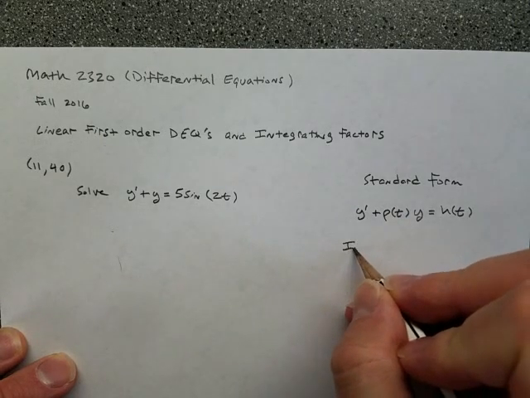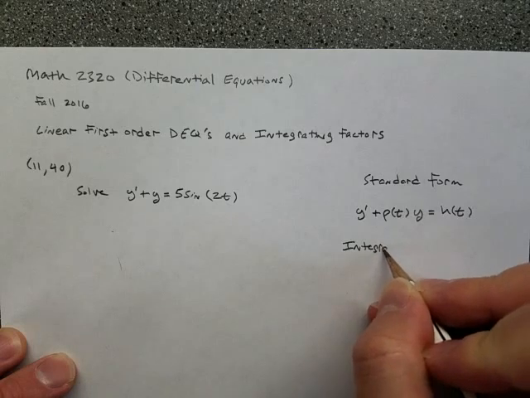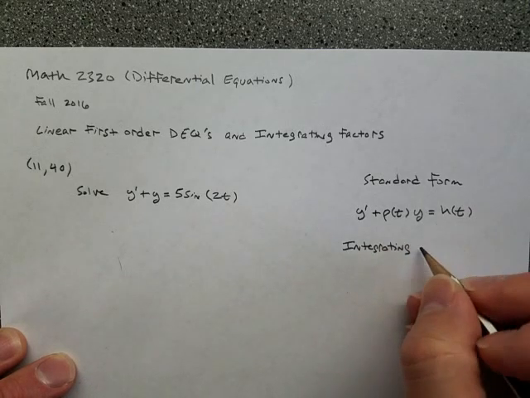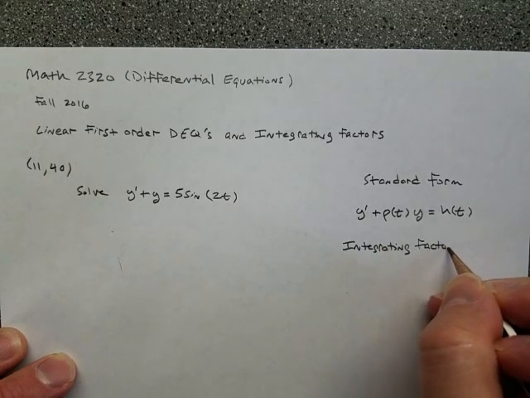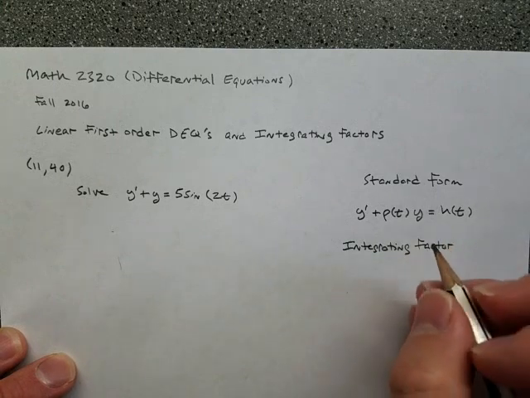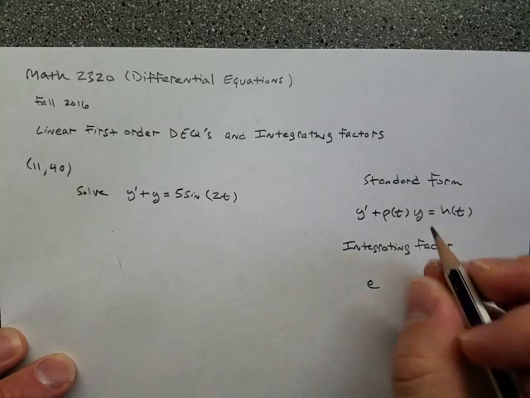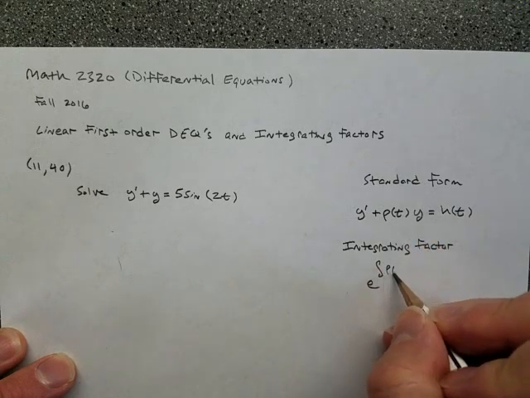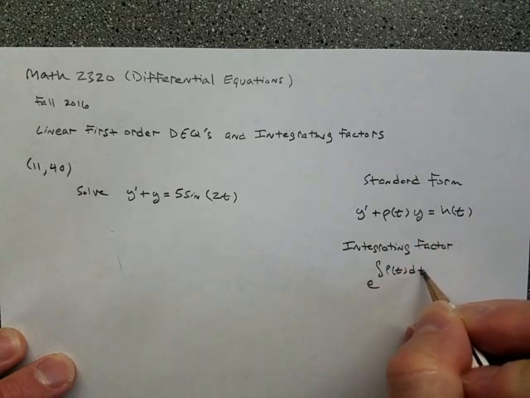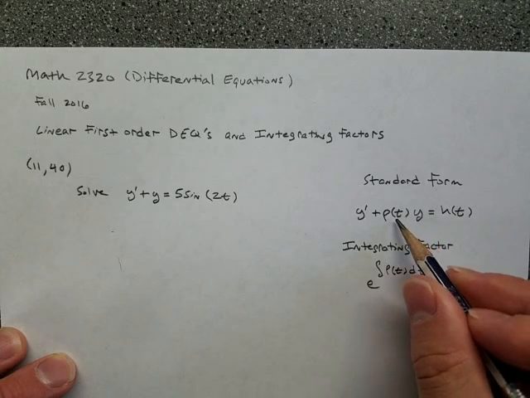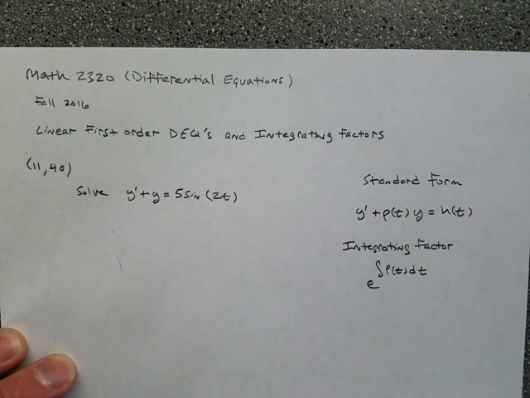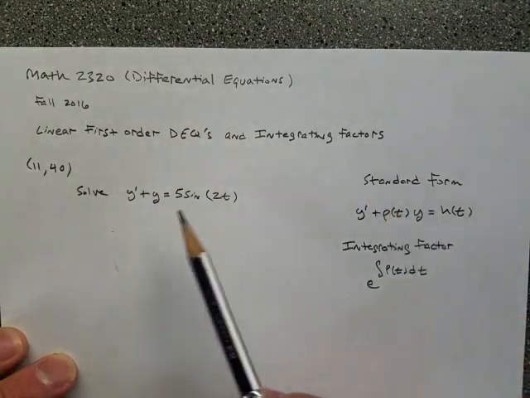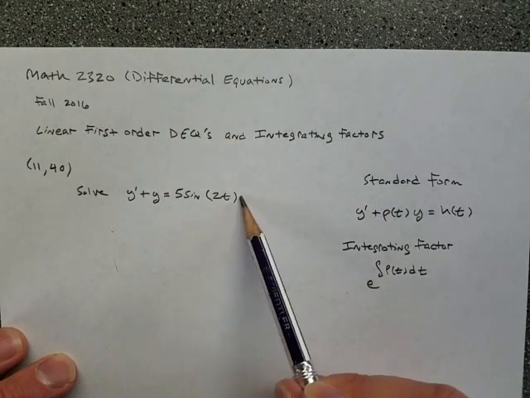The integrating factor is always found the same way. It will be e to the power that is the antiderivative with respect to t of this function here. Before we go any further, take note of the form that this takes.